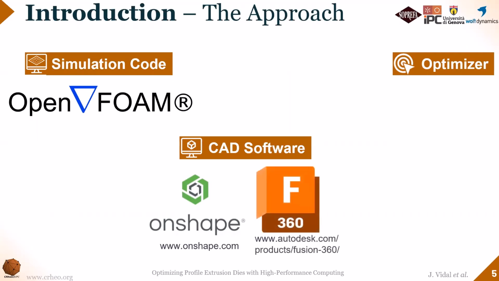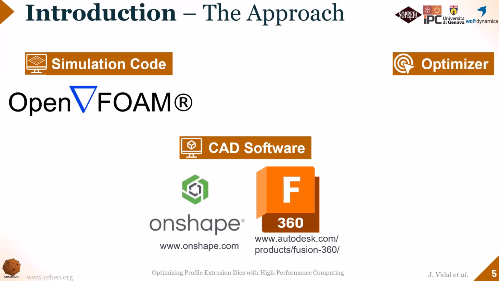But the company, in order to use the real cases they have, were not allowed to use OnShape. They didn't have a license for OnShape, but they had a license for Fusion 360. And at the end, it was the software we used more because of that restriction from the company.